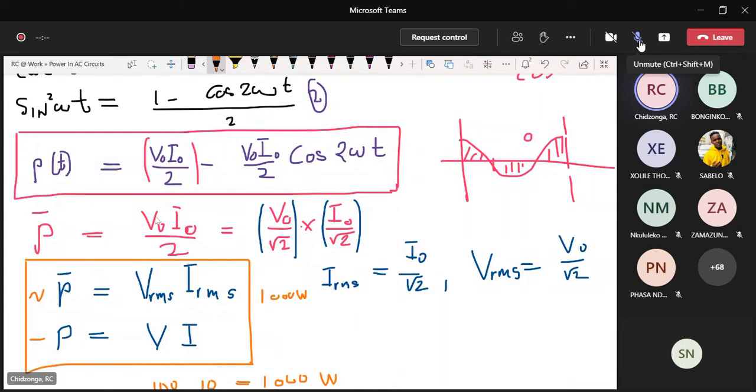The correct one is V peak times I peak divided by 2. But if you are given root mean square values, that root 2 at the bottom disappears. So the equation takes the form of VI, which you already know from Eng 1.